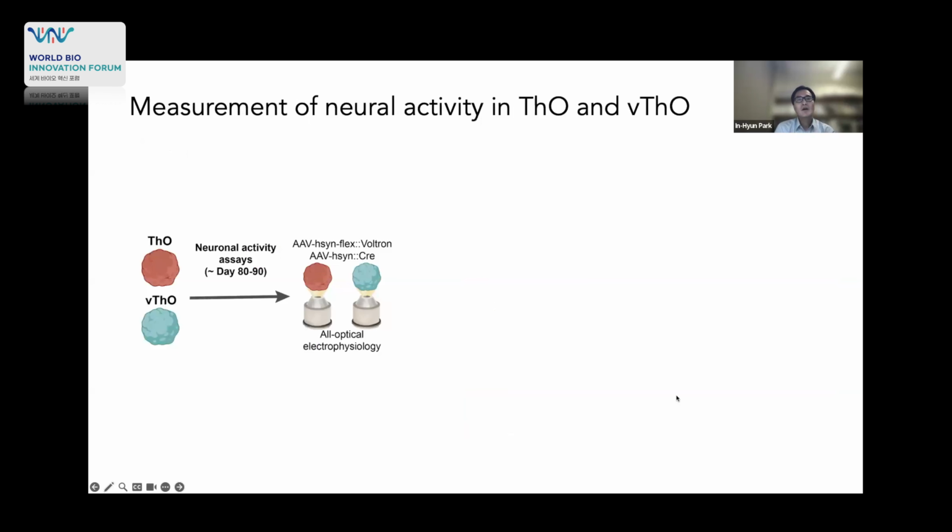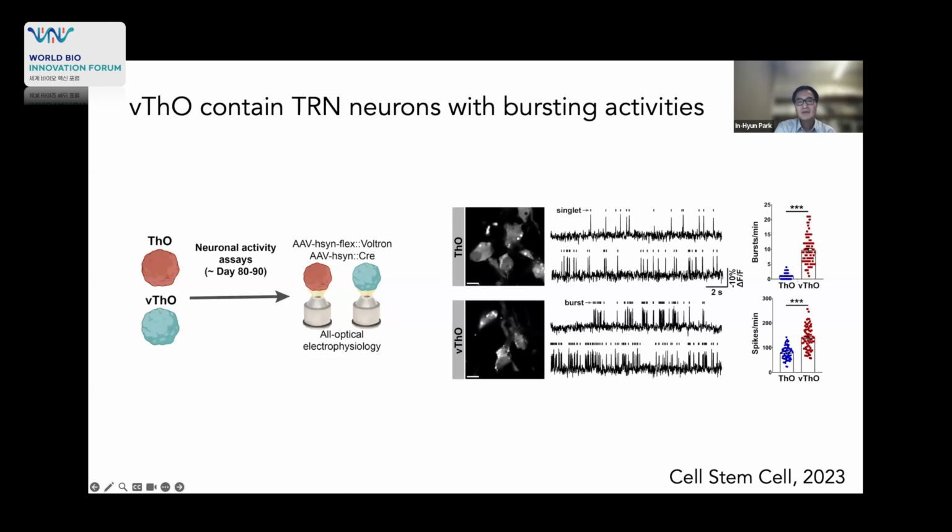Furthermore, we were interested in how the dorsally fated thalamic and ventrally fated ventral thalamic organoids show neural activity. Here we used Voltron to measure neural activity. In these two types of organoid, we used an AAV virus that expresses Voltron, and we measured neural activity.